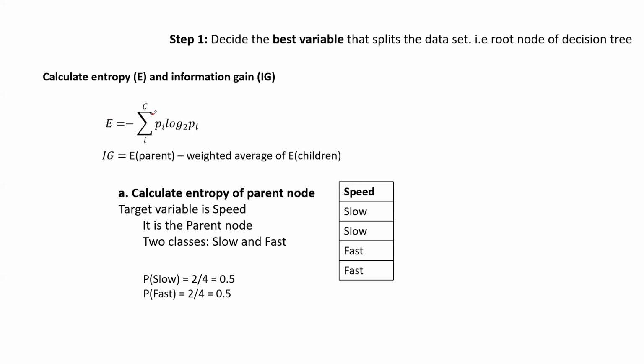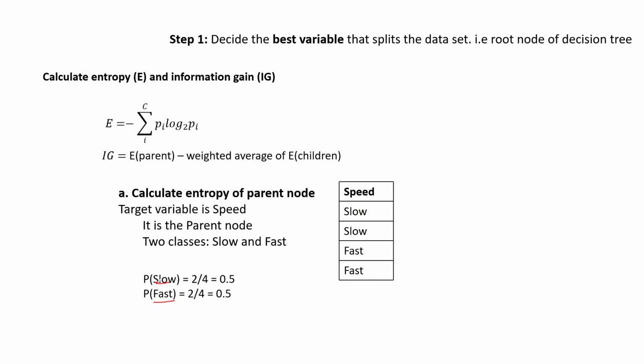For any subset of my data set, entropy is minus the sum from i to C of pi log2 pi, where pi is the proportion of the ith class and C is the number of class labels in my subset. Out of my 4 data points, there are 2 classes, the slow class and the fast class.